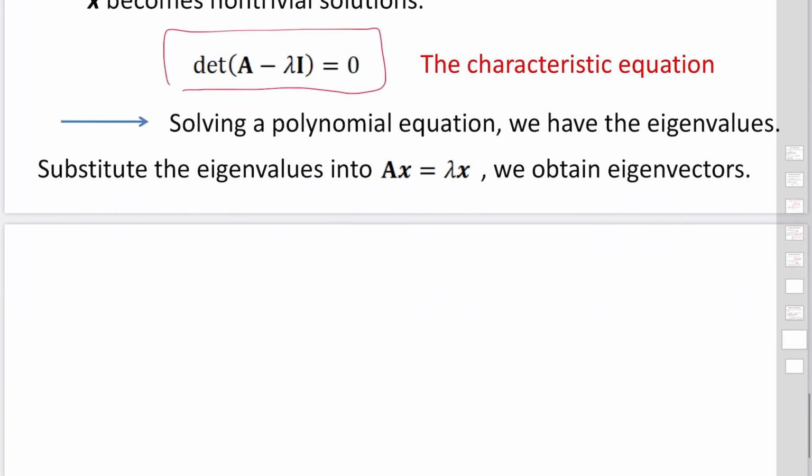So let's make some practice. In the case of A equal to (4, minus 2; 1, 1), A minus lambda I is expressed as (4 minus lambda, minus 2; 1, 1 minus lambda).